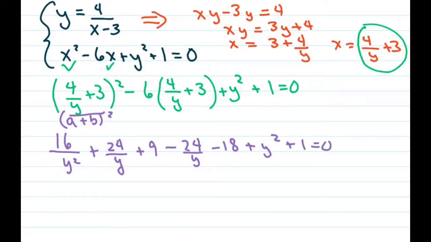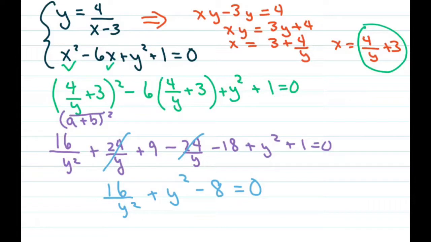Now, simplifying this, these two cancel. We collect all our like terms, and we get 16 over y squared plus y squared minus 8 equals 0.